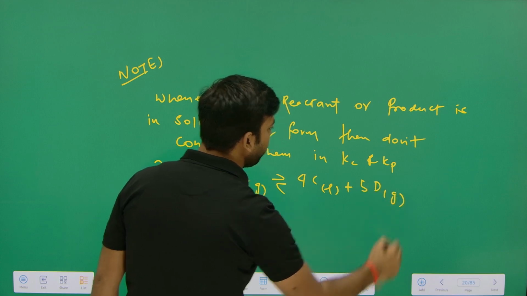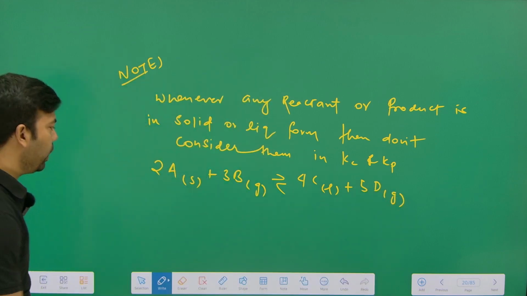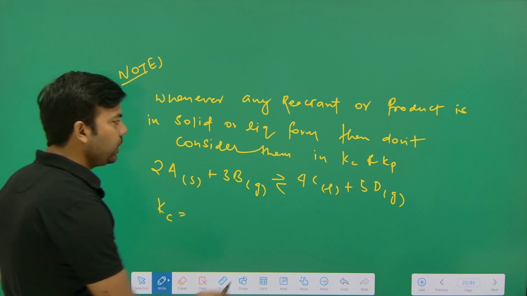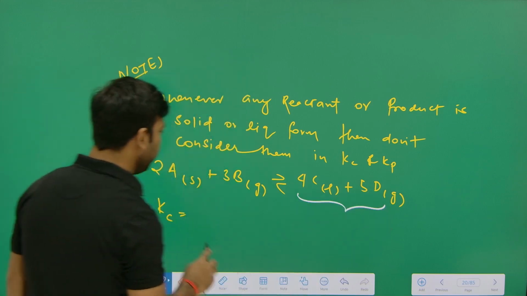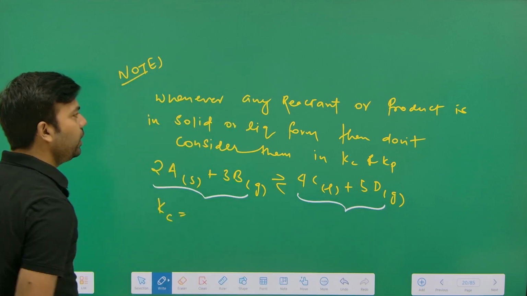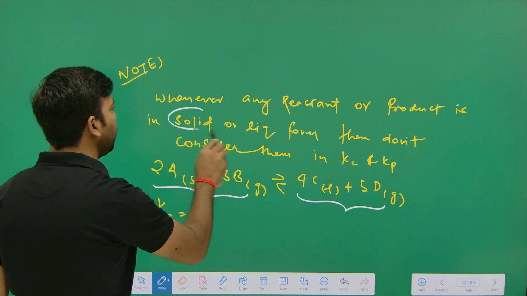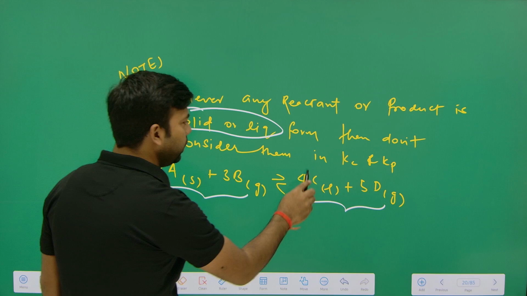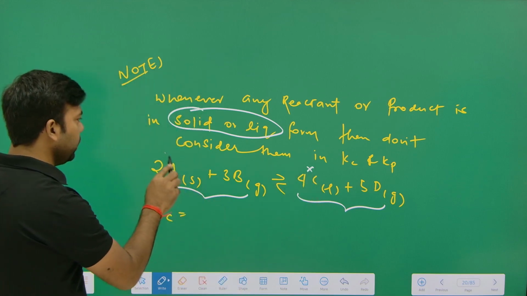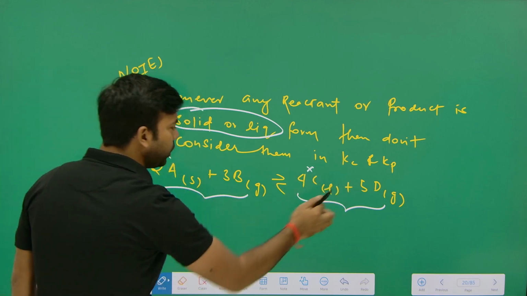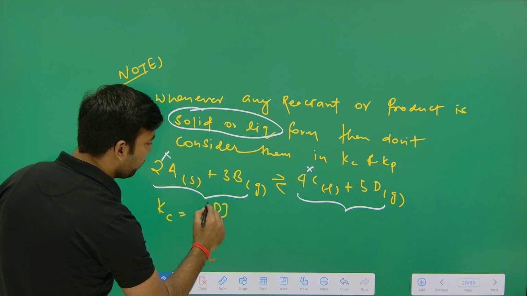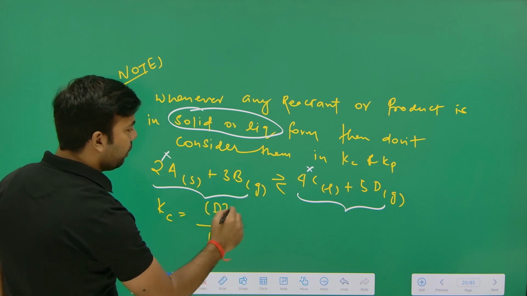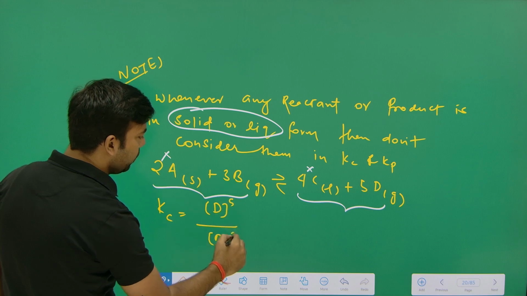gas. So if you write down the Kc or Kp, suppose Kc, then we know that the concentration of product divided by reactant. So as I told you that if anything is in a solid or liquid, then do not consider them in the expression. So this is liquid, cancel out, this is solid, cancel out. So you have a product only D and reactant only B. So D to the power 5 and B to the power 3.